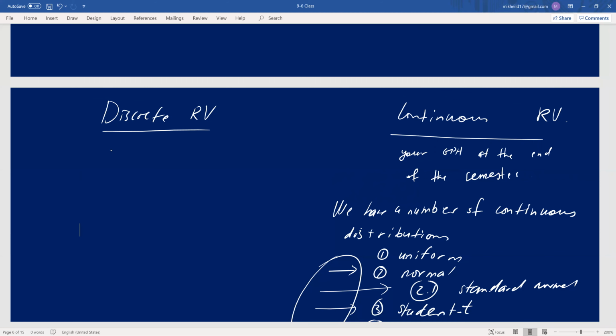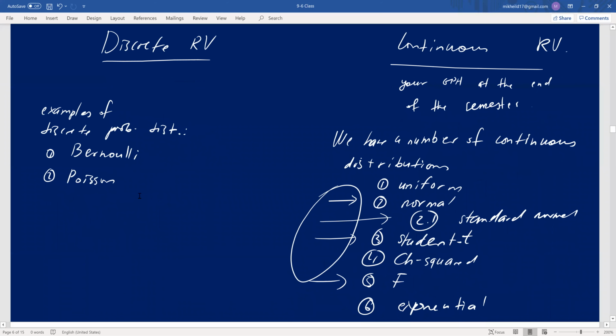As I said, examples of discrete probability distributions are Bernoulli, binomial, and Poisson, but we will just discuss Bernoulli.